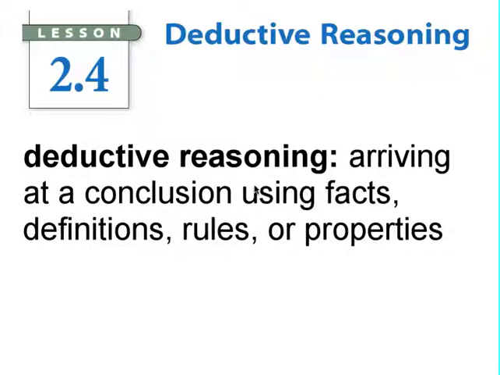Section 2-4. Okay, we're going to talk about deductive reasoning. If you remember, we watched a video at the start of this chapter about inductive and deductive reasoning. Remember, it was the one with the tennis balls, and they were throwing at each other.